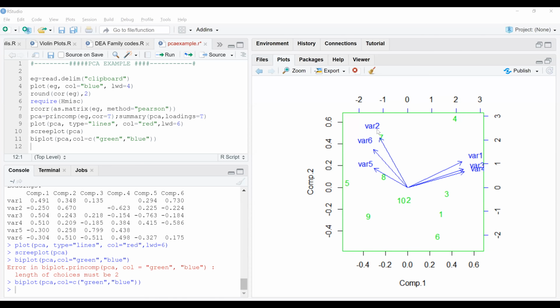So when you look at variables 2, 6, and 5, you can see that they are all kind of grouped into one section. Do you observe that? And then variables 1, 2, and 3 also seem to be grouped into another section. So that's the first thing you want to notice there.